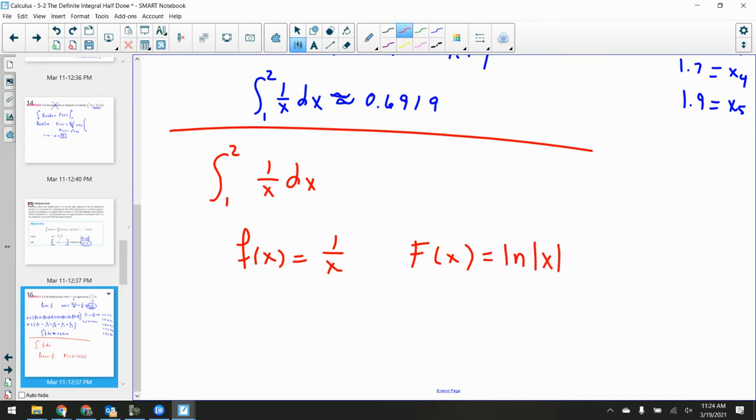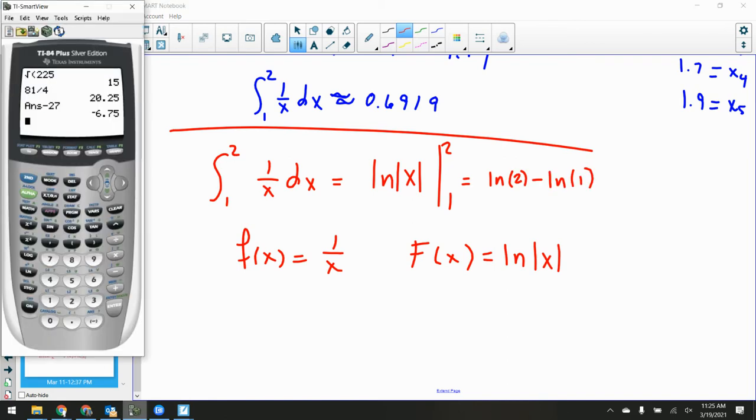The absolute value of ln of x, right? So that means that is equal to ln of x from 1 to 2, right? I don't have to worry about the absolute value because what I'm plugging in is fully positive. So this is really just ln of 2 minus, in parentheses, ln of 1.